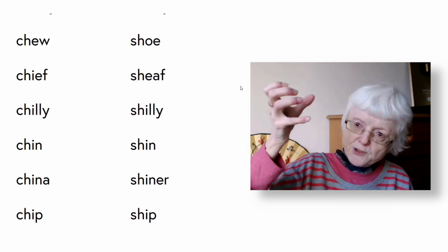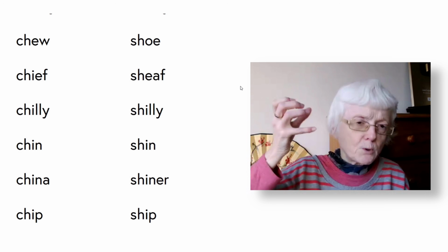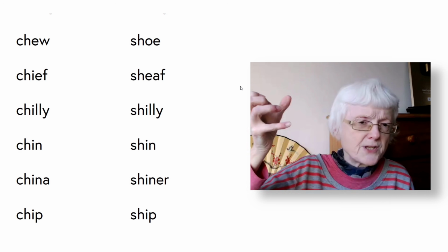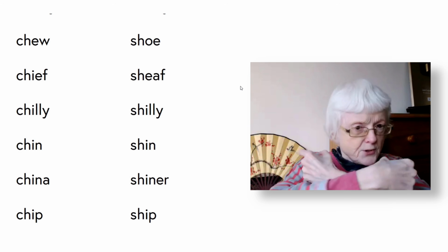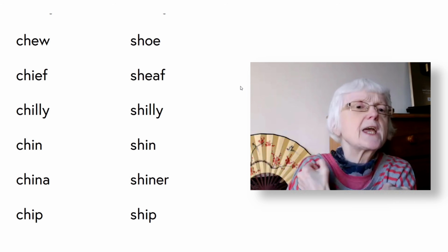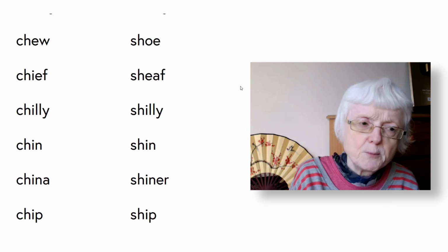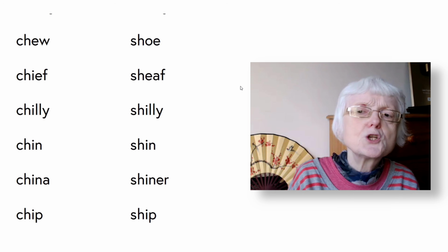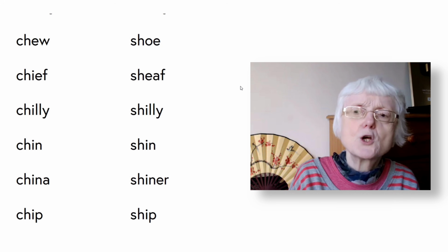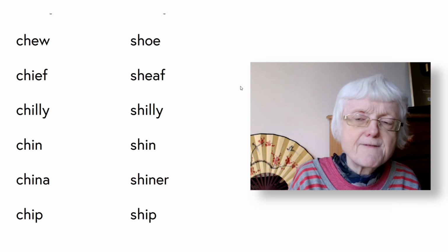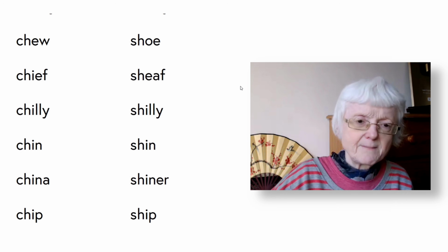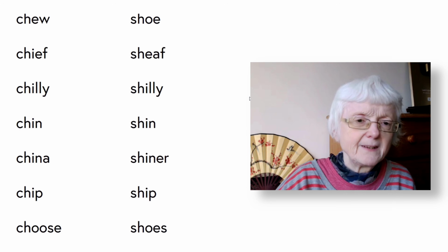Or you could have a lot of papers in your hand and call it a sheaf of papers. It's when you've got a lot of things gathered together. So after me, chief and sheaf.